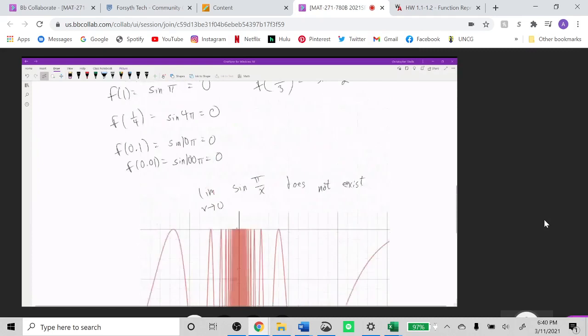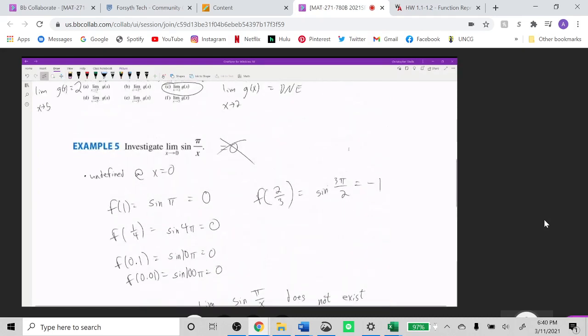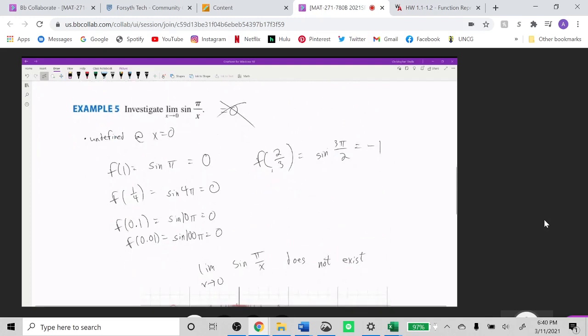Can you determine that without a graph? Yeah, we could determine it analytically. If we continued to plug in sufficiently small numbers here, just simply avoiding ones that lead us to 0, we'd be able to see this function continues to oscillate. For instance, by plugging in 2/3, we get -1 out of this, right?